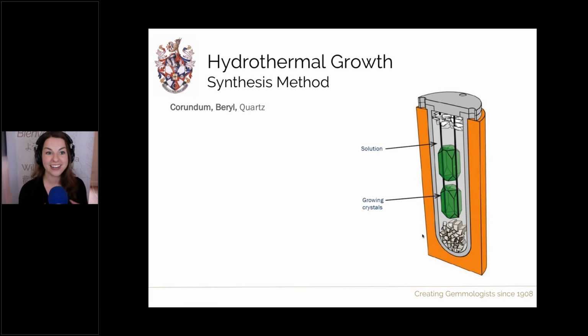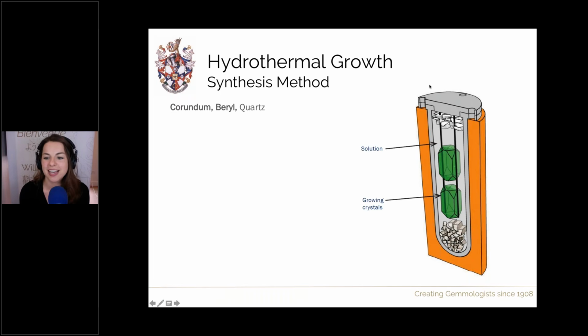Now on to our last synthetic method to do with our coloured gems, and this is hydrothermal growth. We can grow corundum, beryl and quartz via this method, and this closely mimics any hydrothermal growth that can occur in nature. We use water to create the material ready to dissolve the materials inside this process.